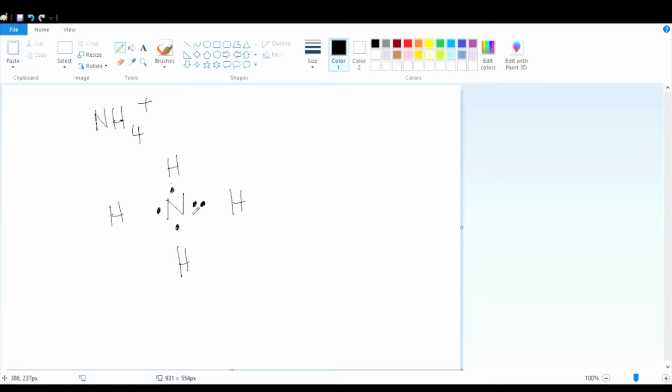This is the dative or coordinate bond whereby nitrogen provides 2 electrons for covalent bonding with this particular hydrogen. This hydrogen has its own electron. This one has 1 electron. This one has 1 electron. So notice that hydrogen will achieve duplet, but nitrogen will achieve octet.